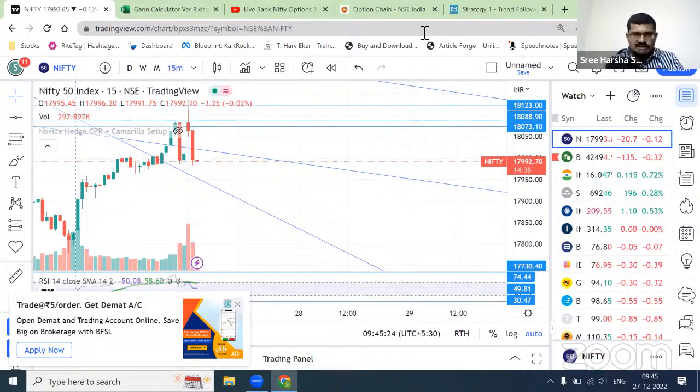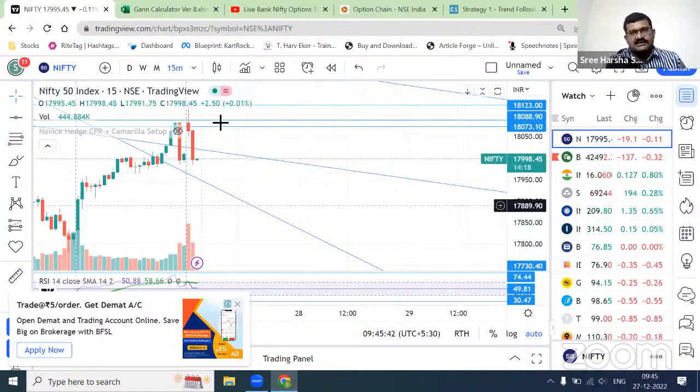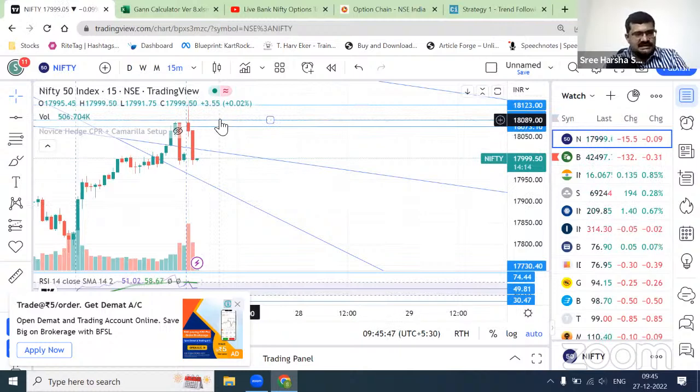As of now, stop loss has not triggered. Hopefully it is going to hold. Let us see. If we have to wait for the Gann calculator, we have to wait for this to cross 18,089. Then only the calculator is saying on the buy side.